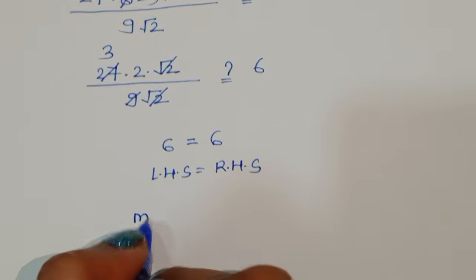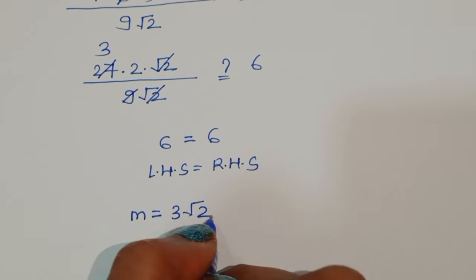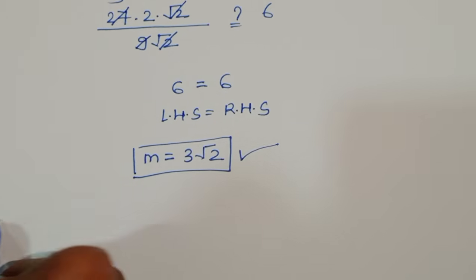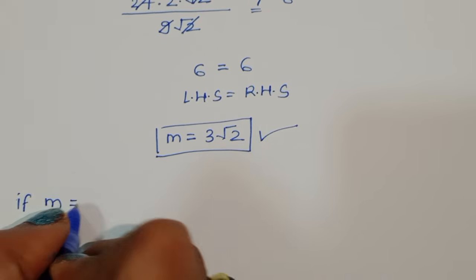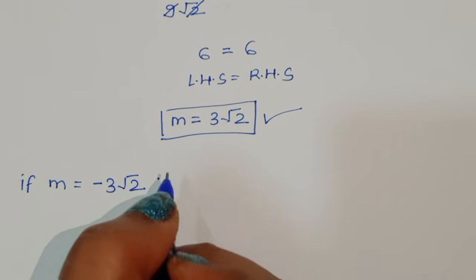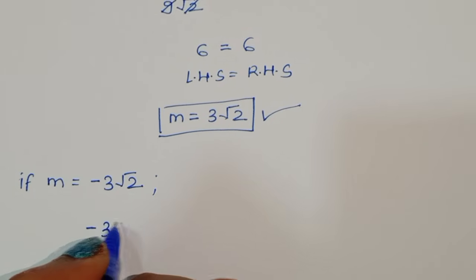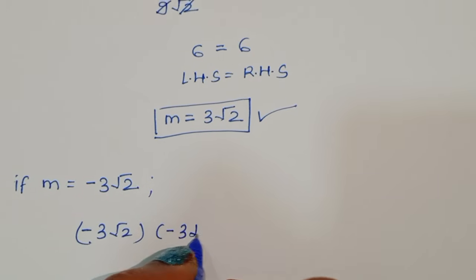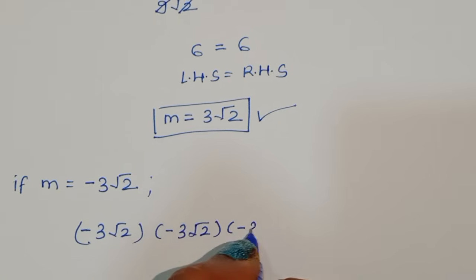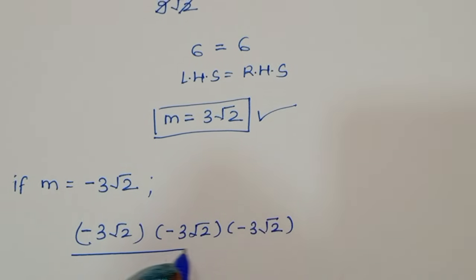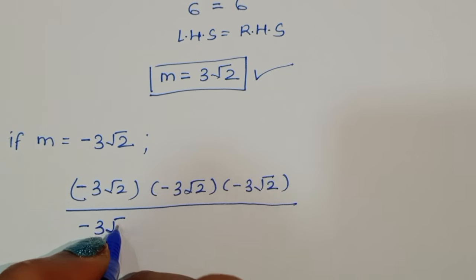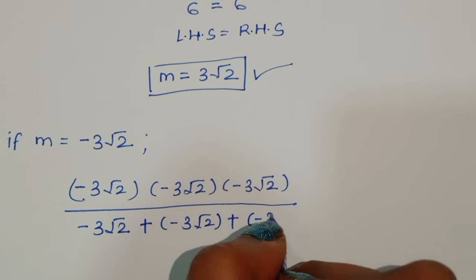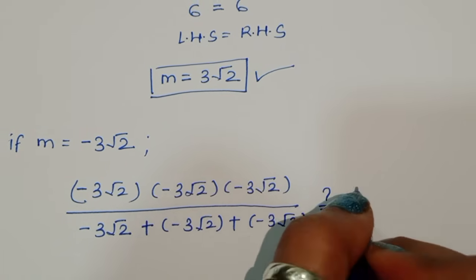So the value m equal to 3 square root of 2 is a correct solution. Now we have to verify the negative value. If m is equal to minus 3 square root of 2, we substitute: minus 3 square root of 2 times minus 3 square root of 2 times minus 3 square root of 2 divided by minus 3 square root of 2 plus minus 3 square root of 2 plus minus 3 square root of 2, question mark 6.